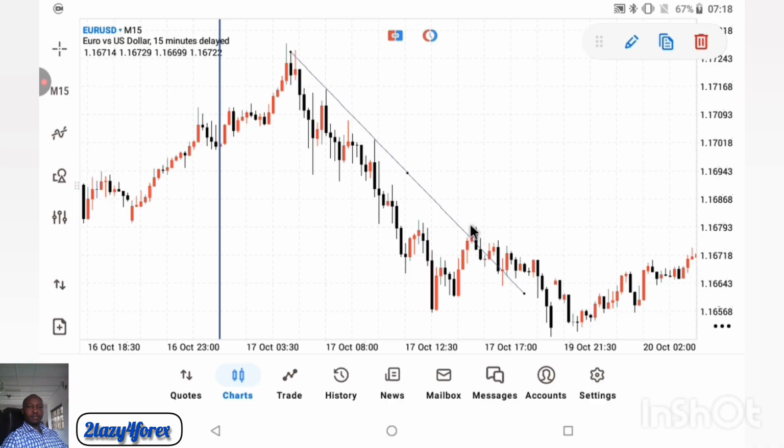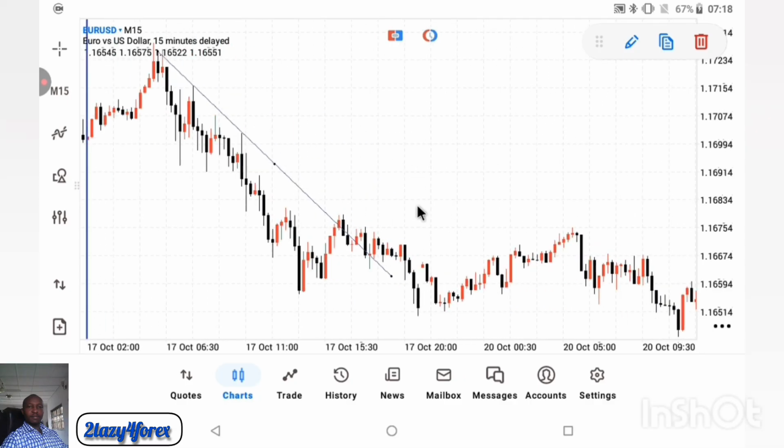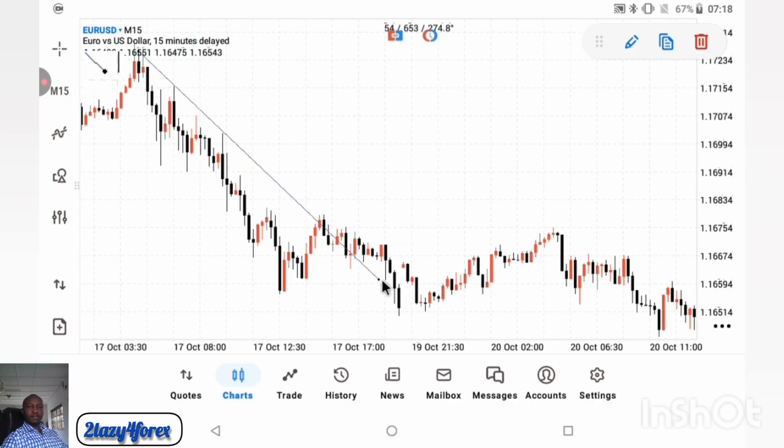At this point we have a break above it, but there is no higher high, so we continue stretching it. Once you stretch your trend line, if there's a break above it and there's no higher high, you wait till the price action closes below this point.